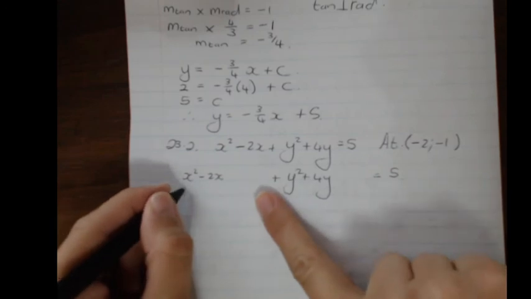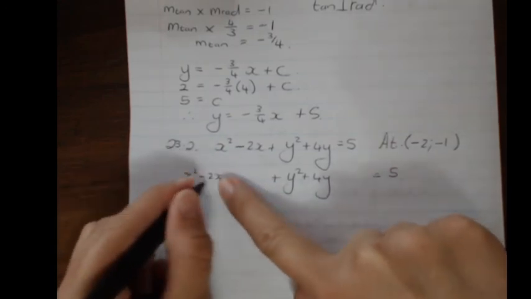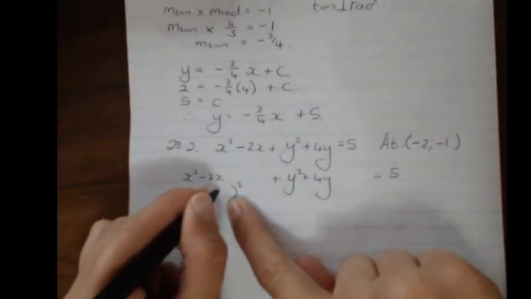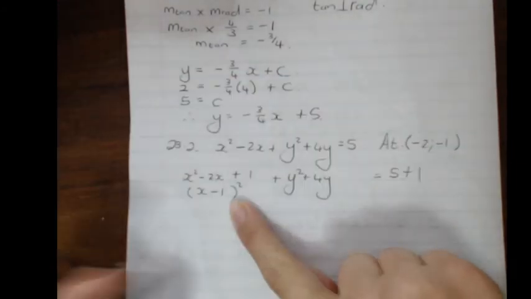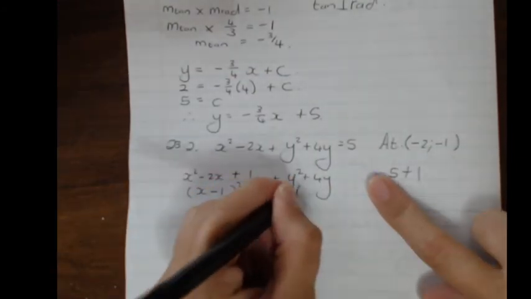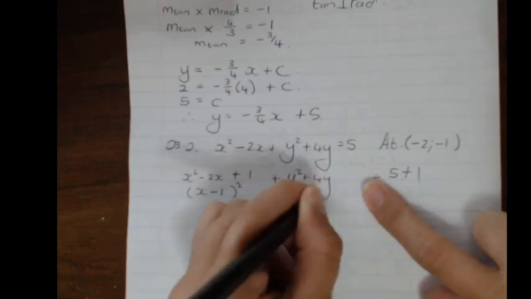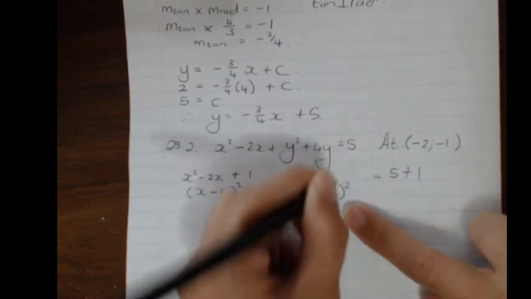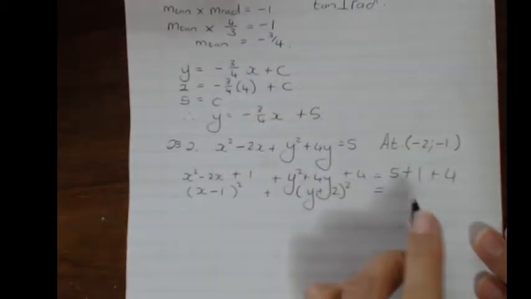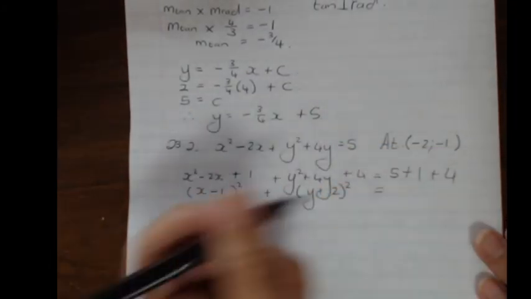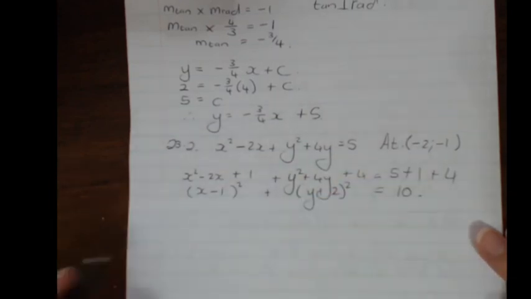So I'm going to start off here by taking half, which is -1, and then this I square and add both sides. Okay, then here the same thing, take half of the b value, square it, and add both sides. Okay, so that is then 5 plus 1 plus 4 is 10.